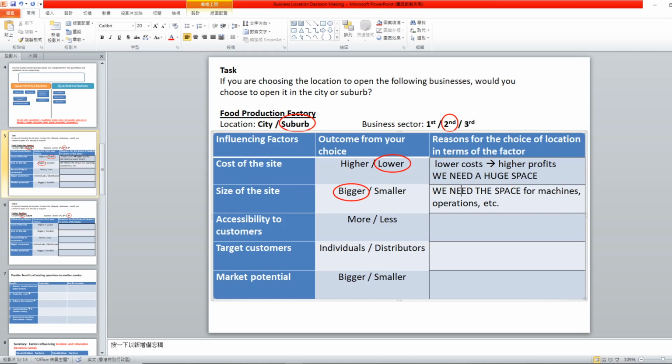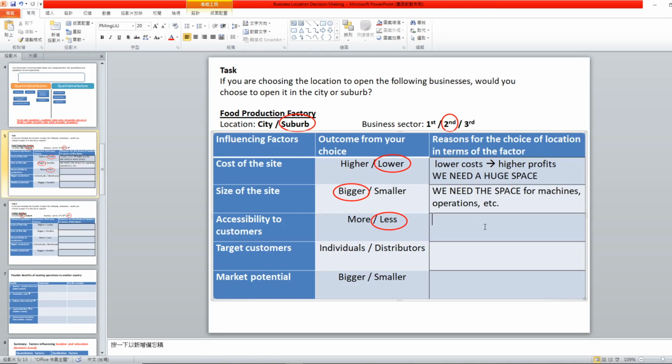What do you think? Less. So accessibility to customers, of course, is going to be less. Why should we have less accessibility to customers? There's no need.